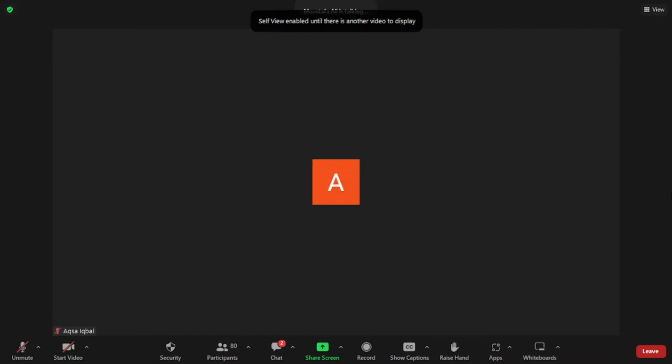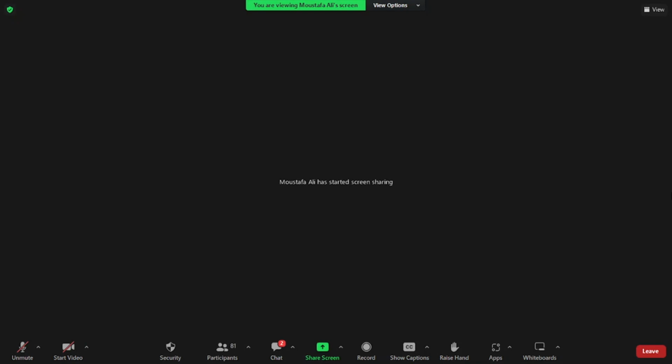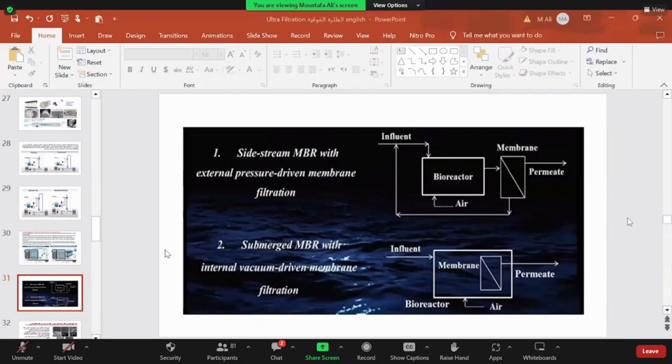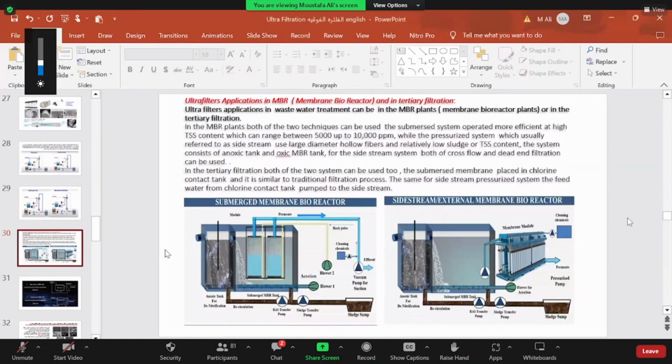Another application will be for wastewater treatment. The wastewater treatment application includes 2 types of application.